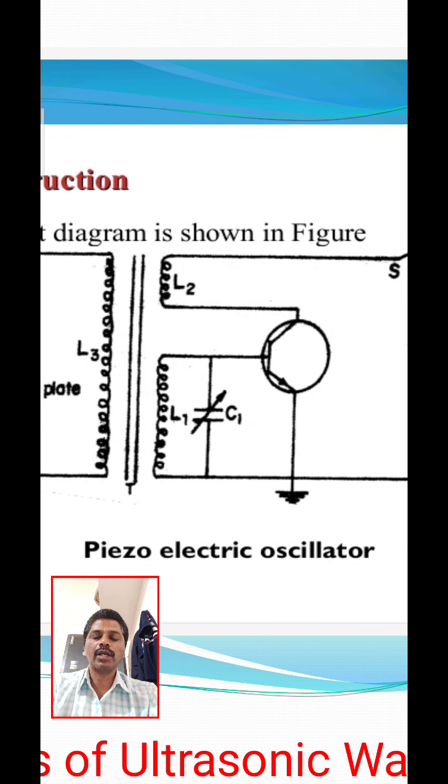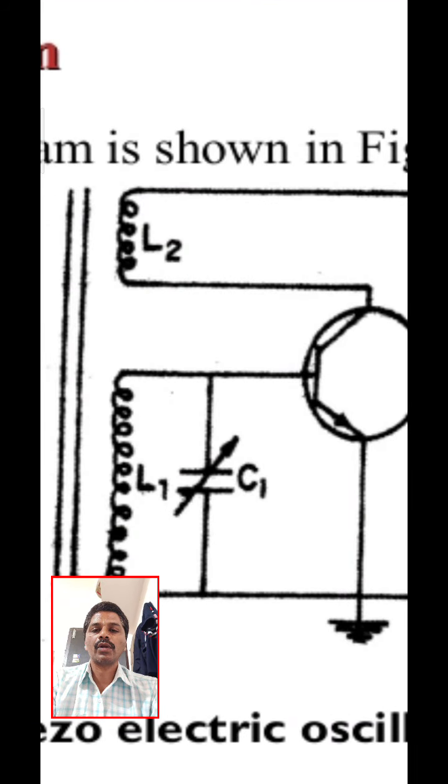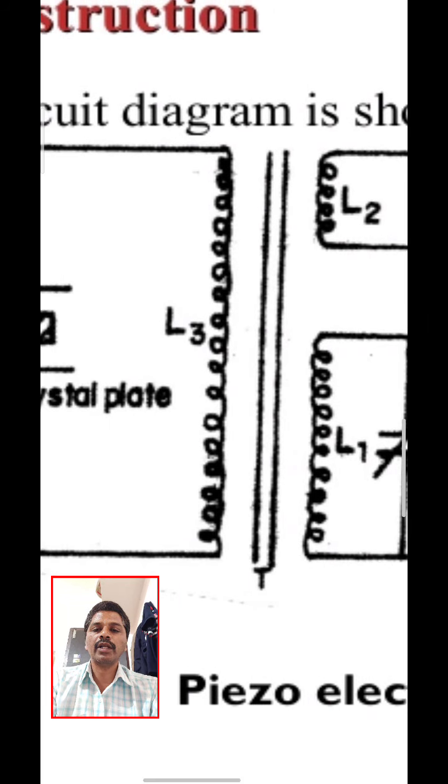Now the inductance L1 and capacitor C1 act as a tank circuit. It is base tuned tank circuit. This tank circuit produces the oscillations, and the output oscillations of inductance L2 is coupled with inductance L3.